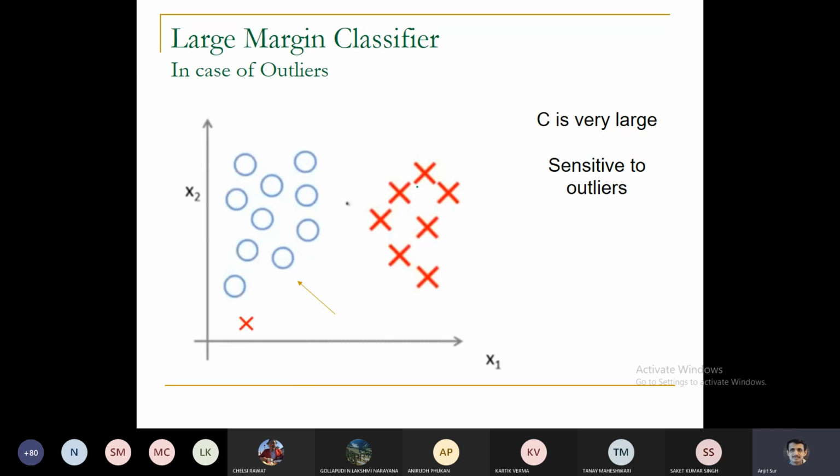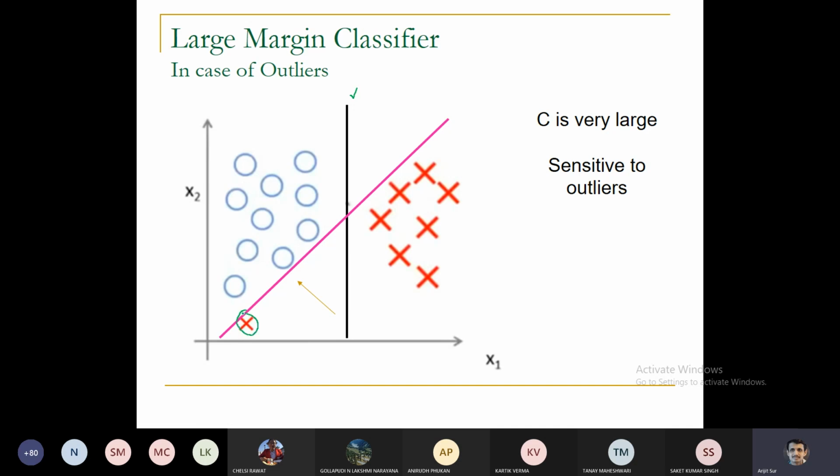Even if you can see that this is your particular thing and this is your other kind of thing, you could see that this is maybe the right decision boundary.